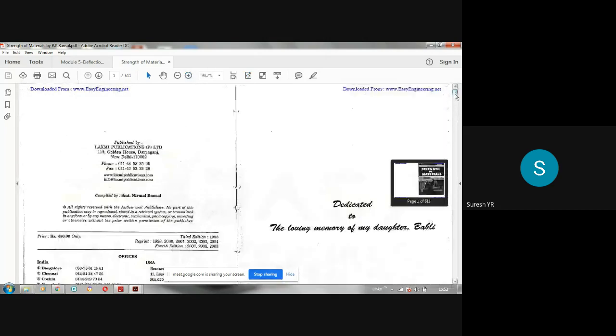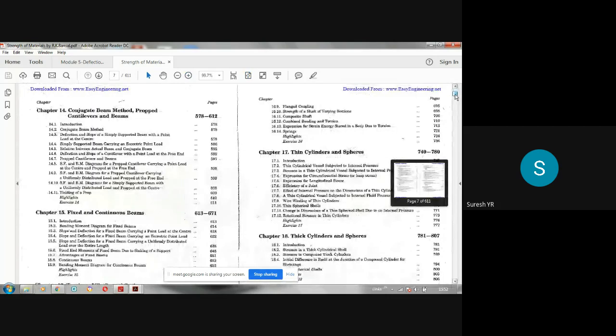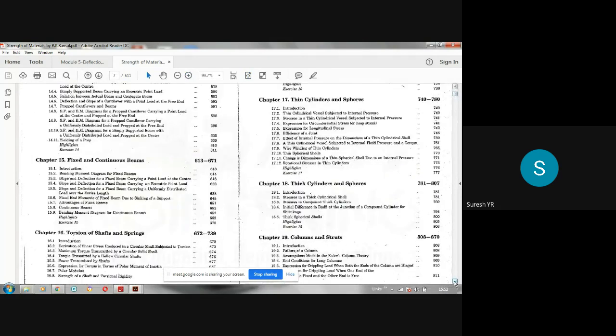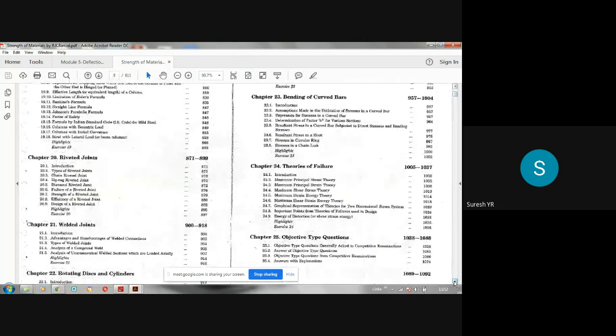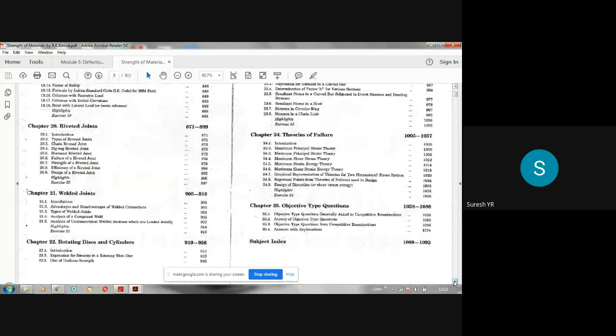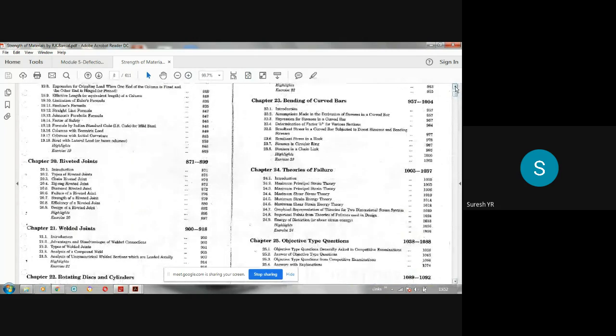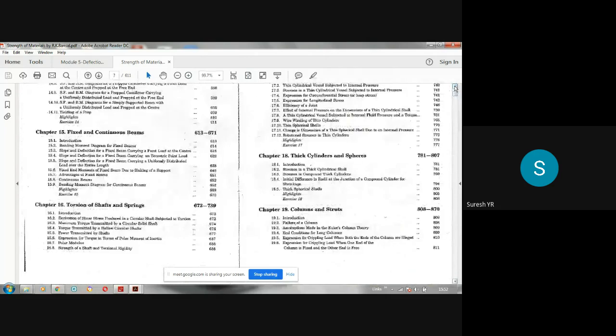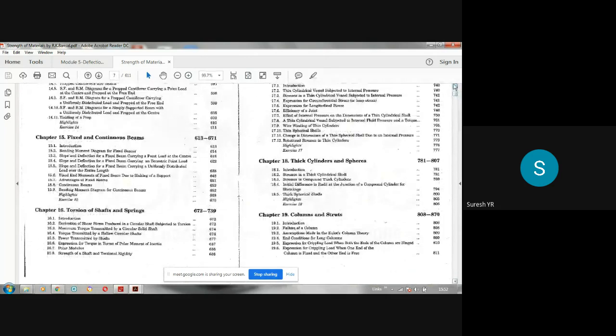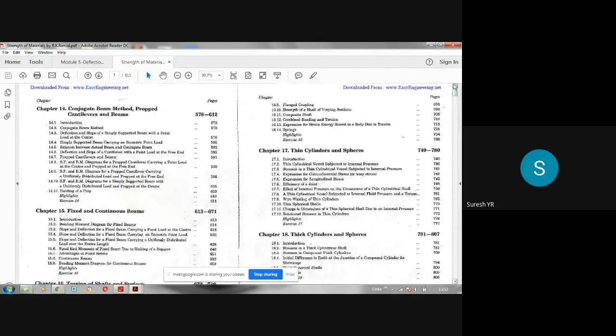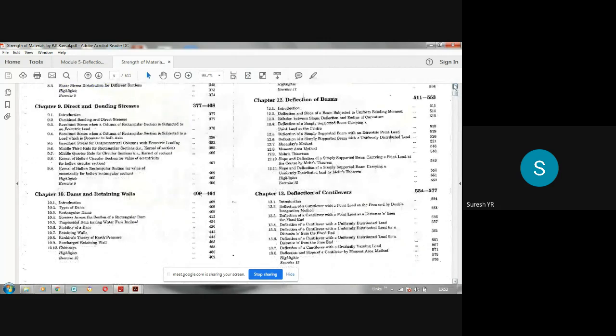So there are varieties of problems. In this a lot of problems they have done, but stick to one method. Whatever I am going to explain in the class, stick to that method and solve the same problem. Take out the problem, solve it with the method which I am going to explain and check the answer.